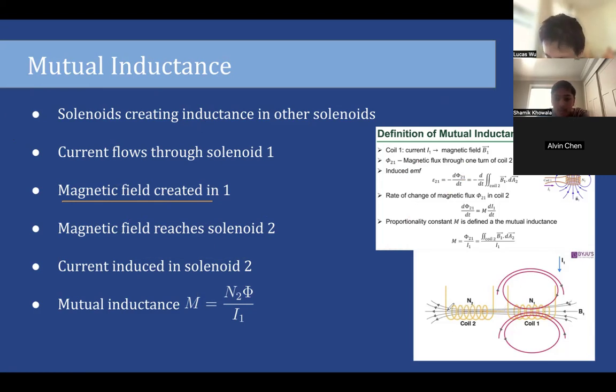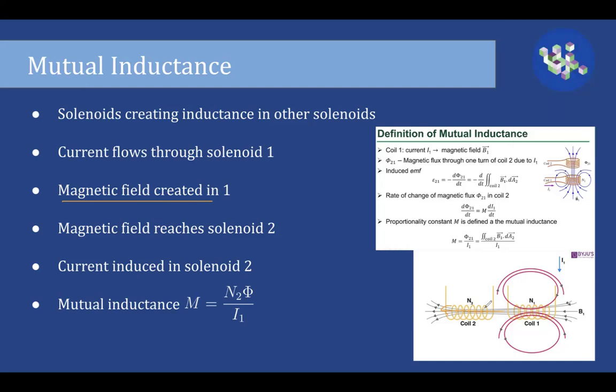By Faraday's law, this will induce a current in solenoid 2. This whole process is called mutual inductance. You run a current through one, it generates a current in the second one. This has many practical applications as we'll see later.